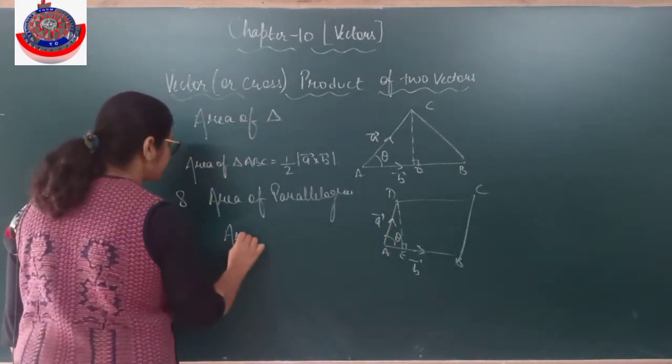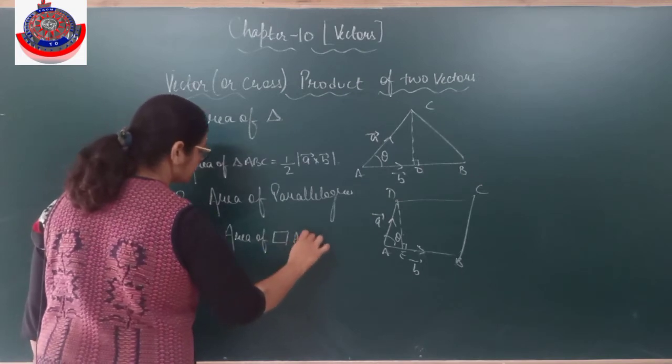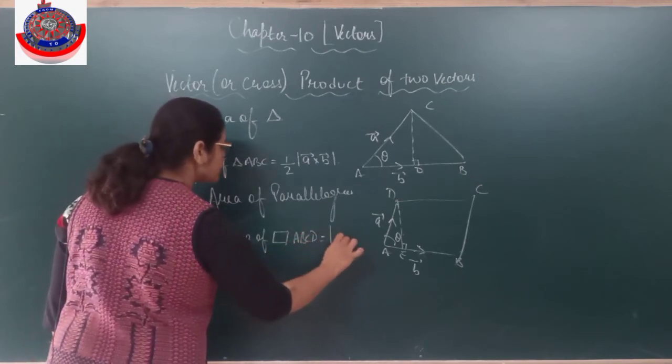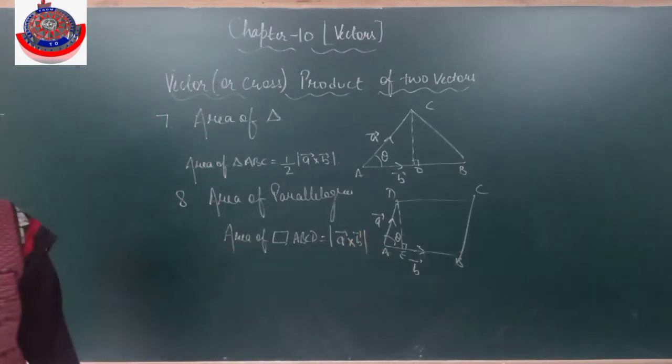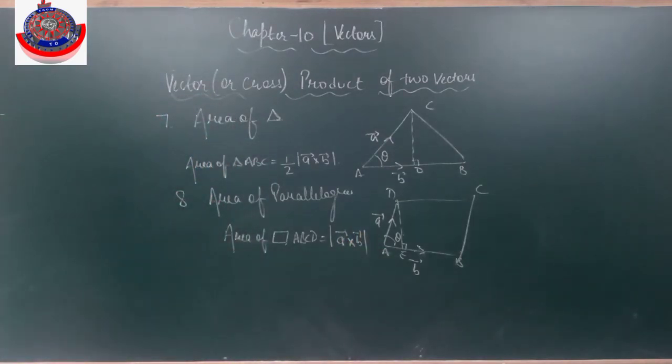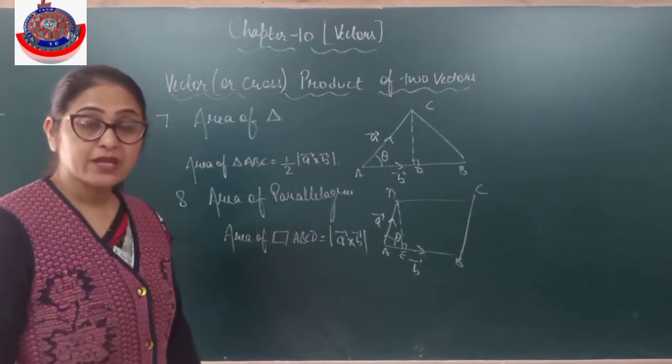Area of parallelogram ABCD is the magnitude of A vector cross B vector. Is it clear? I hope it's clear to everyone.